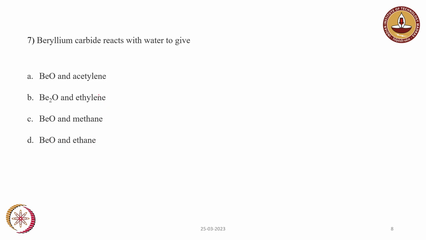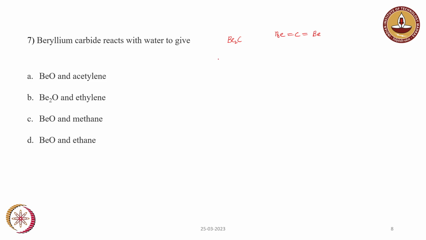So beryllium carbide is Be2C, which has the form Be double bond C double bond Be. So when it reacts with water, there is only one carbon, so an organic compound with one carbon will be formed.